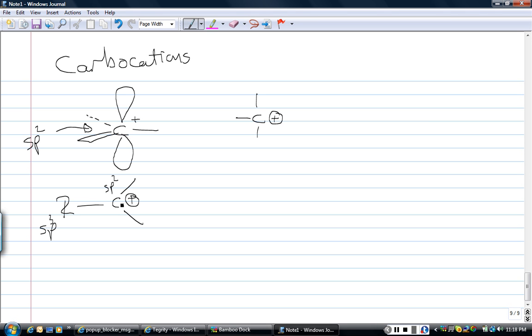The sp2 hybridized carbon, having more s character, turns out to be more electronegative than the sp3 hybridized carbon. We talked about that at some length already. I'm going to rephrase that: the sp3 hybridized carbon, having less s character, or if you will, more p character, is more electropositive. In other words, alkyl groups, R groups, are electron releasing.